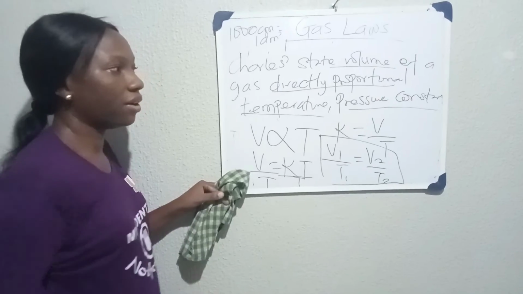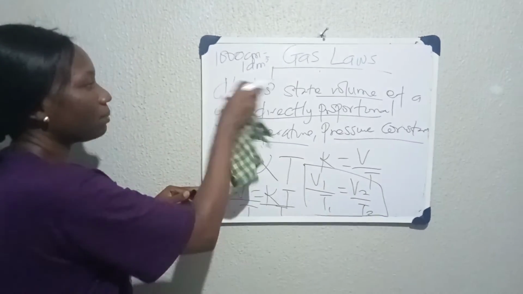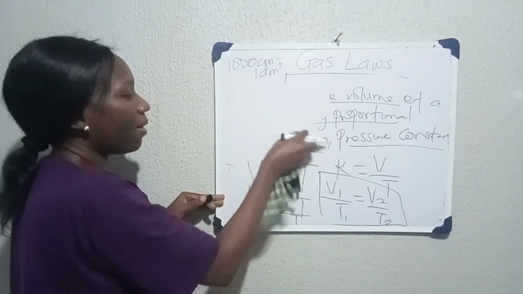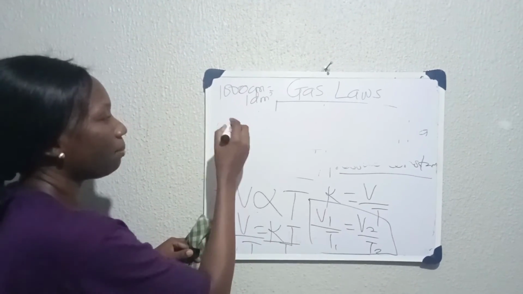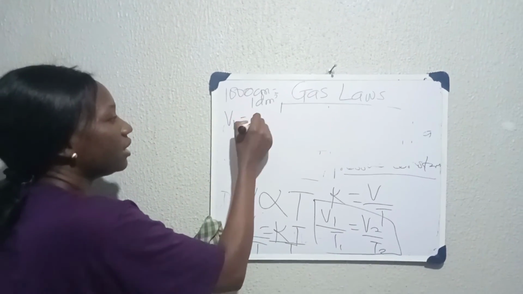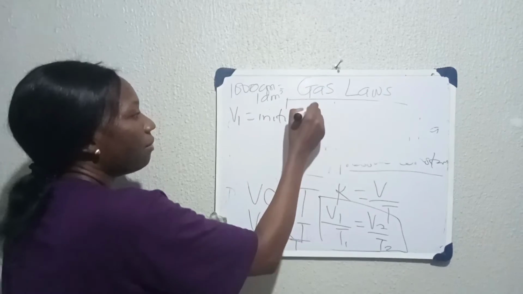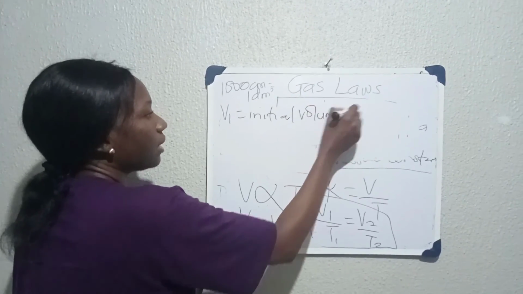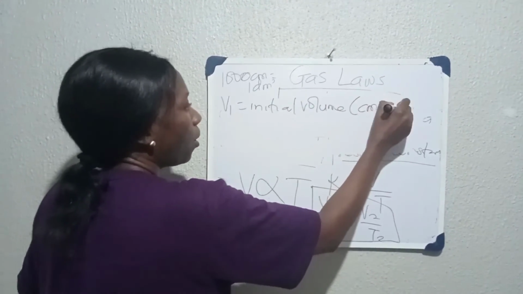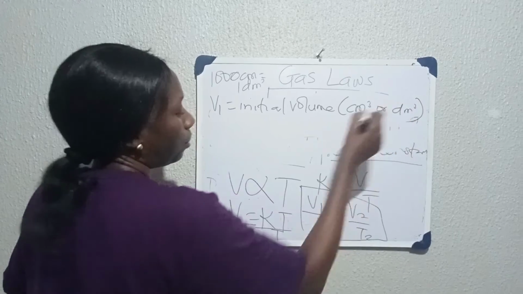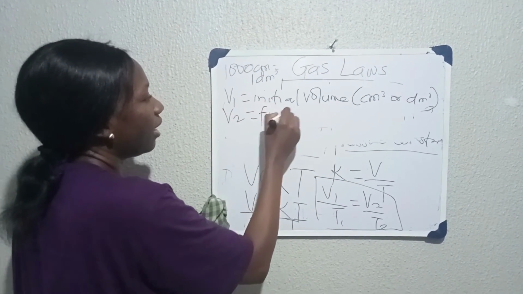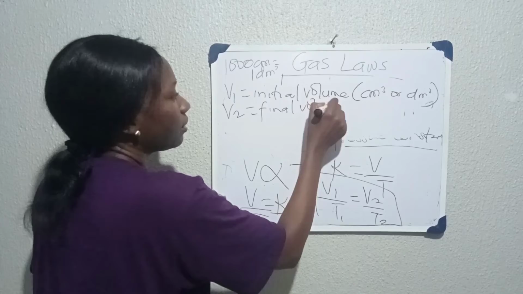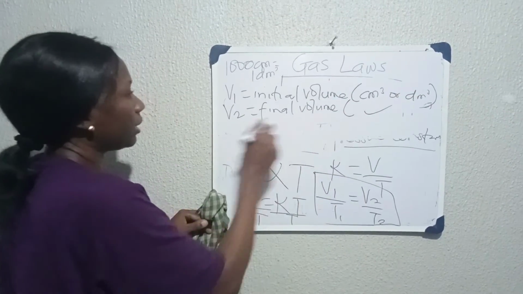Then I will also define all these parameters. What is my V1? Just like we have our V1 in Boyle's law, the same thing we have for Charles' law. So V1 is still initial volume, expressed as cm cube or what? dm cube. And I also have my V2 as what? Final volume. So they have the same unit.